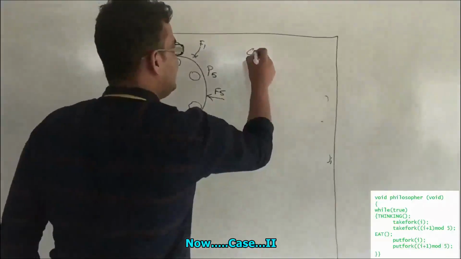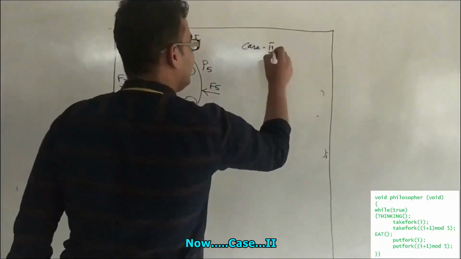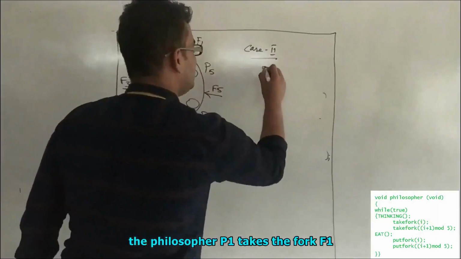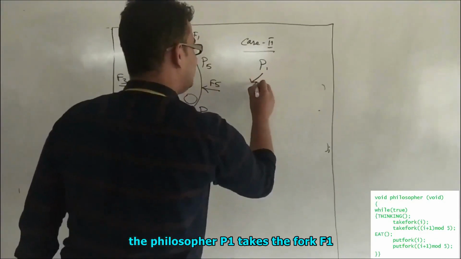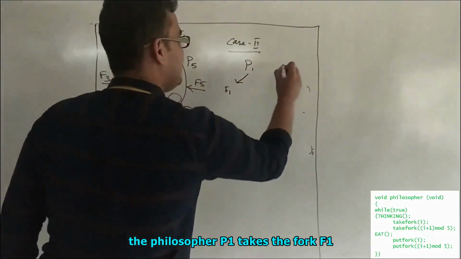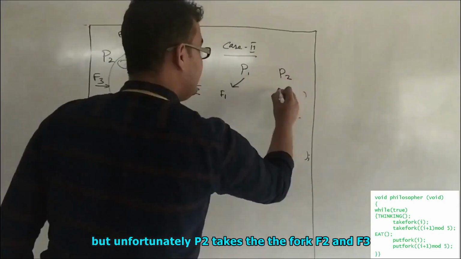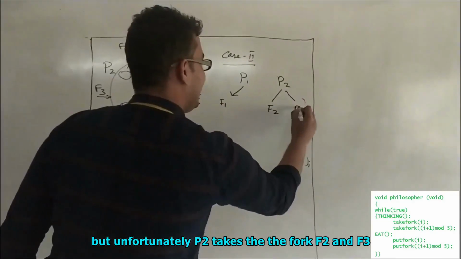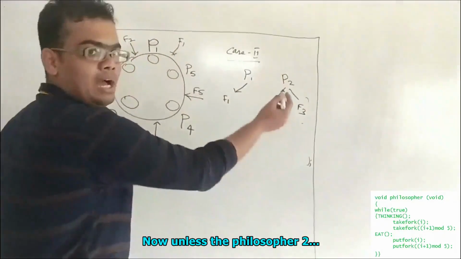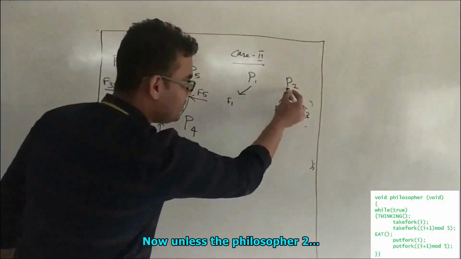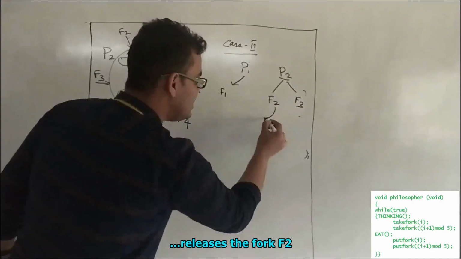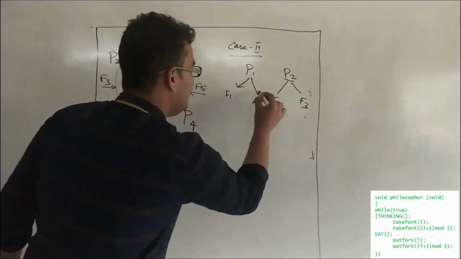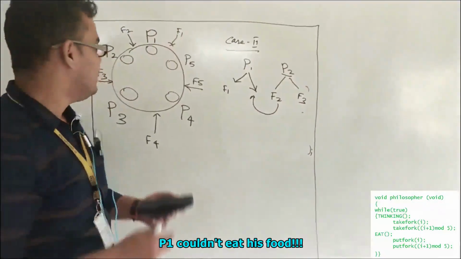Now in case 2, the philosopher P1 takes the fork F1, but unfortunately P2 takes the forks F2 and F3. Now unless the philosopher P2 releases the fork F2, P1 couldn't eat.